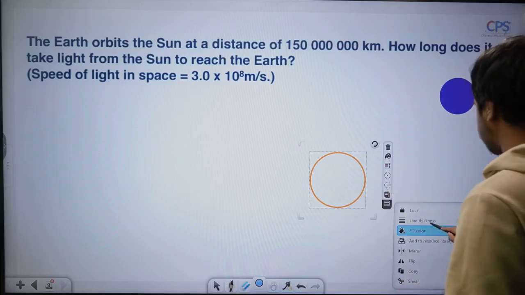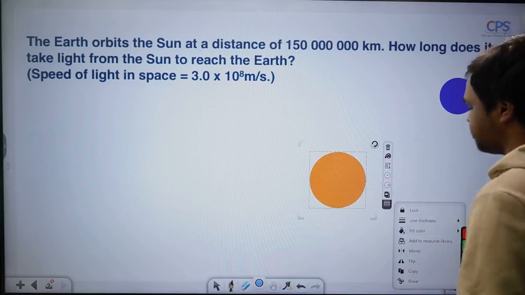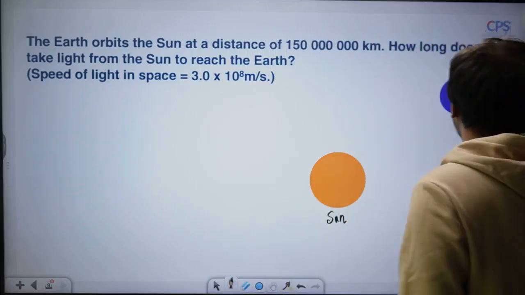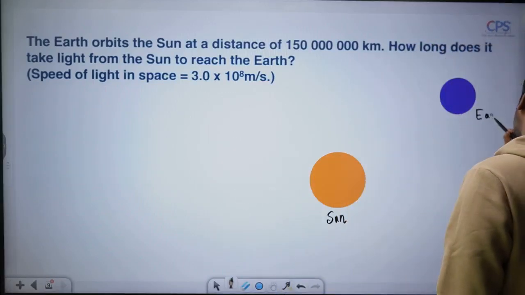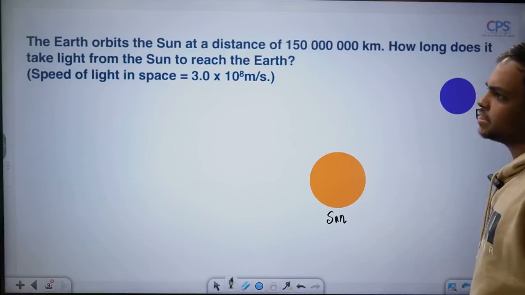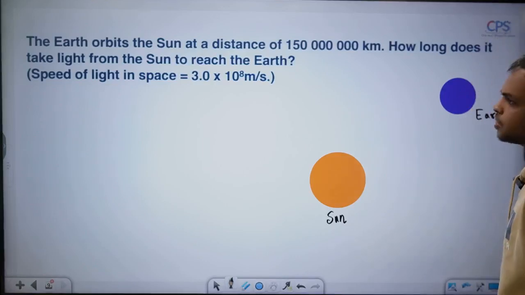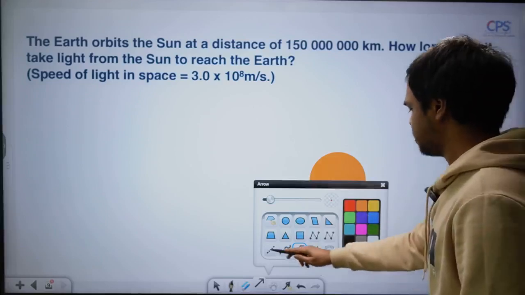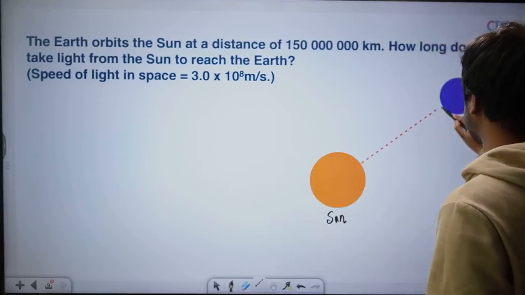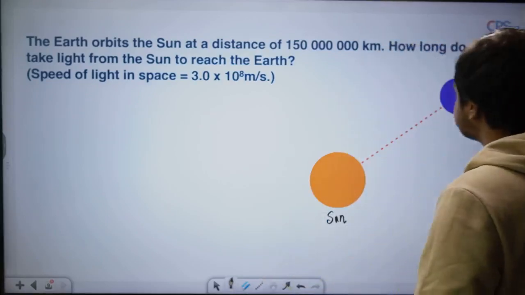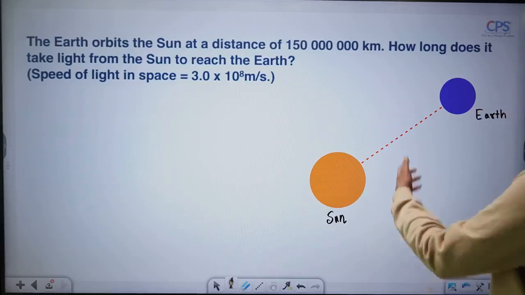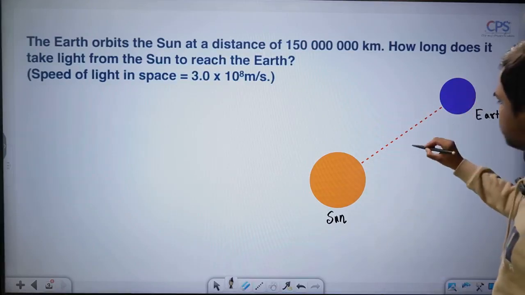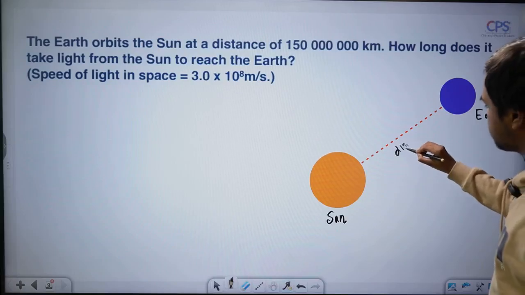So I'm just drawing it anywhere like that, and this is sun and this is earth. Each moment light is coming from the sun to the earth, right? So light rays are coming in this path, and this is the distance covered. You might also call it displacement because it's a straight line, but let's call it a distance, okay?